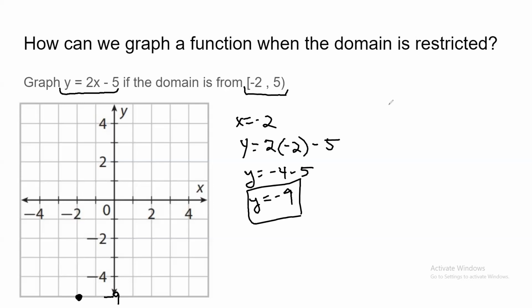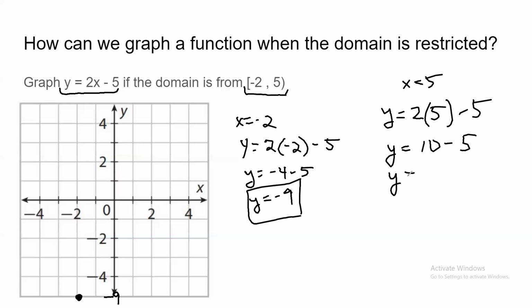At 5, y equals 2 times 5 minus 5. That's y equals 10 minus 5. So y equals 5. So we have 5, 5. Did I do that correctly?